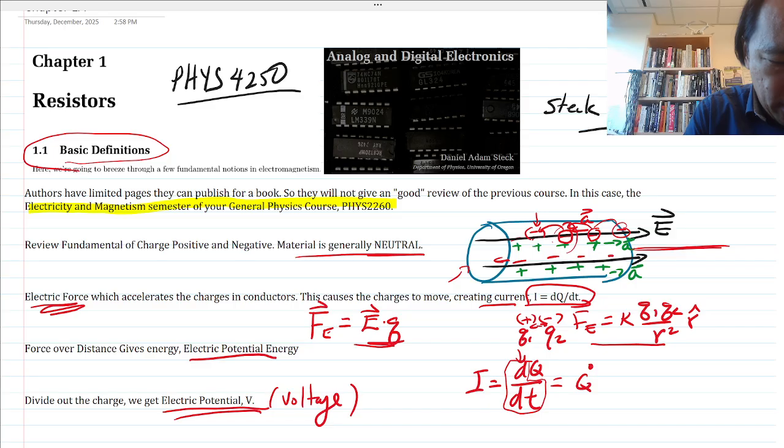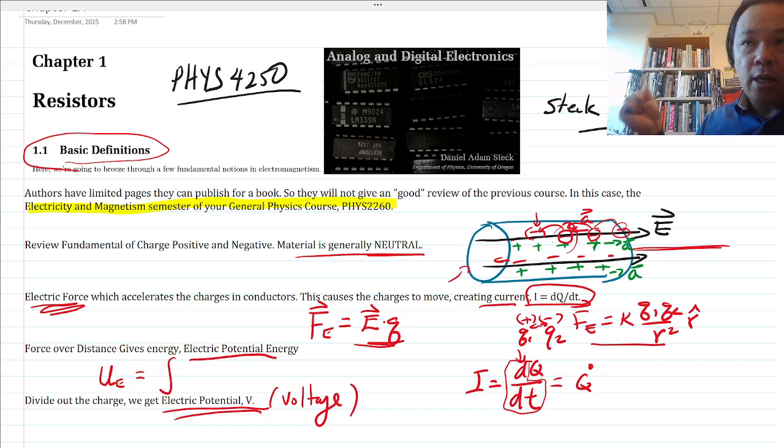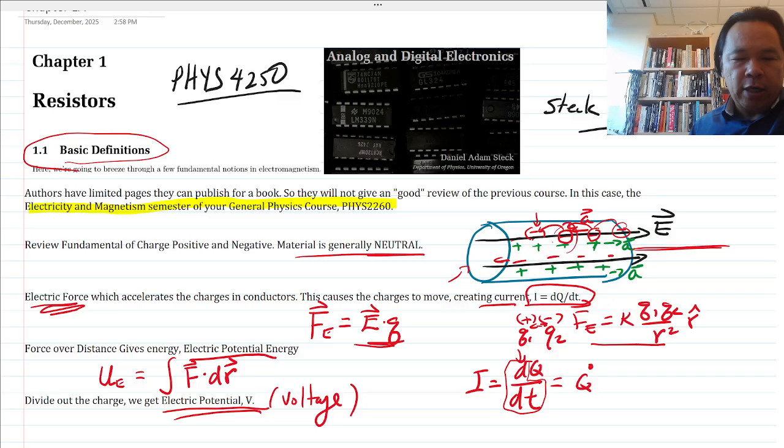The electric potential energy is usually signified by the symbol U with a little subscript E, and is basically how much work the electric field is doing on your particular particle. The way you calculate work is force dotted into some general vector that you're moving this particle along.